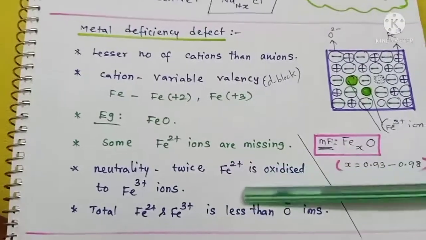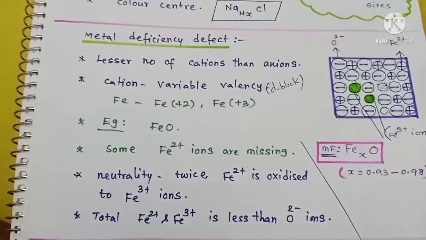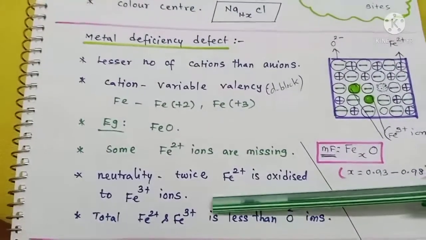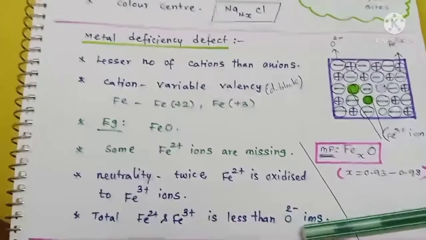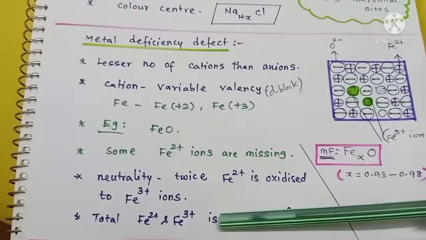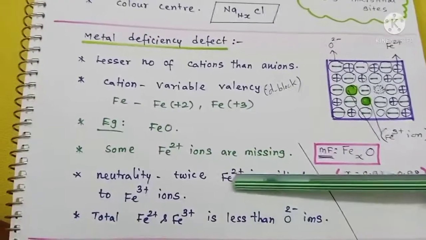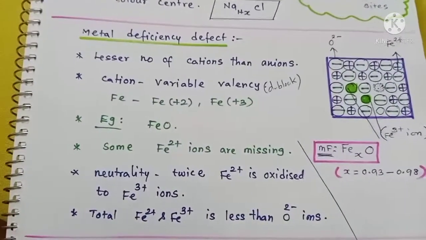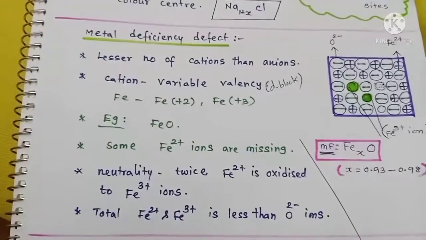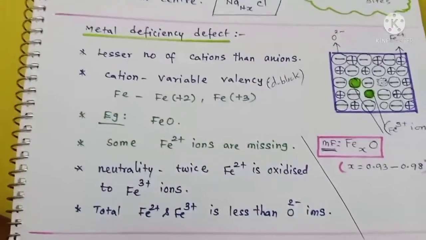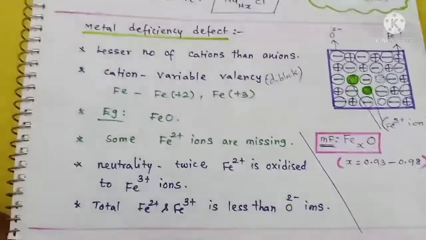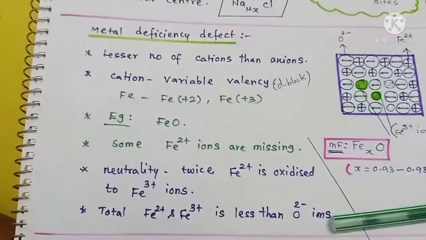Okay, right. But when you compare the total number of Fe2+ and Fe3+ ions with the oxide ions, comparatively it is lesser, because a certain number of Fe2+ ions are missing, isn't it? Therefore the sum of ferrous and ferric ions will be lesser than the oxide ions. Okay, right.